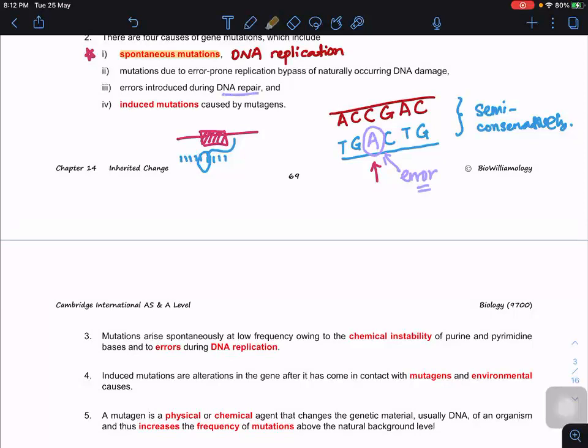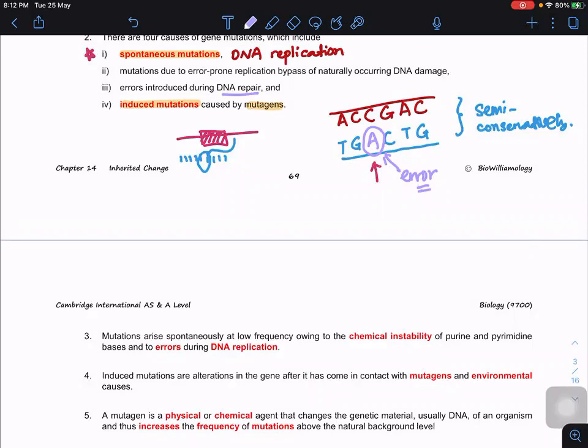The last one that we need to know is induced mutation. Induced mutation basically means induced by what? From the name, mutagen basically means the agents that cause the mutation. Now, again, it's not really true to say that a mutagen is the agent that causes the mutation, but it causes the mutation at a very high rate.